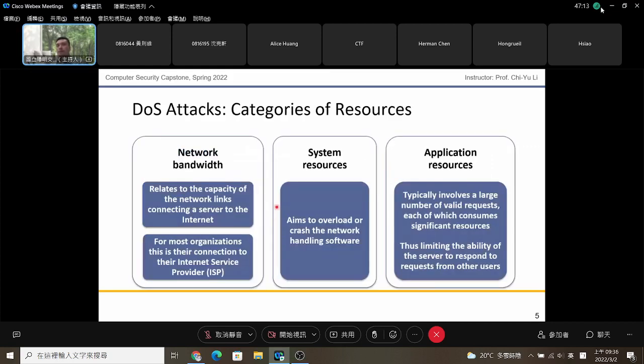Okay, so there are three categories of resources, as we just mentioned from the formal statement about denial of service. The first one is the network bandwidth. We try to overwhelm the capacity of the network links. Basically it relates to the capacity of network links connecting a server to the internet. For most organizations, this is their connection to their internet service provider, ISP.